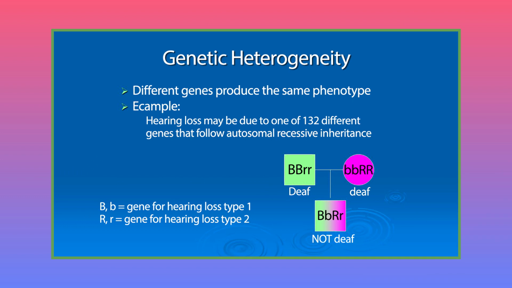Genetic heterogeneity is a common phenomenon with both single gene disease and complex multifactorial diseases. It should not be surprising that multiple affected family members may experience different levels of disease severity and outcomes.